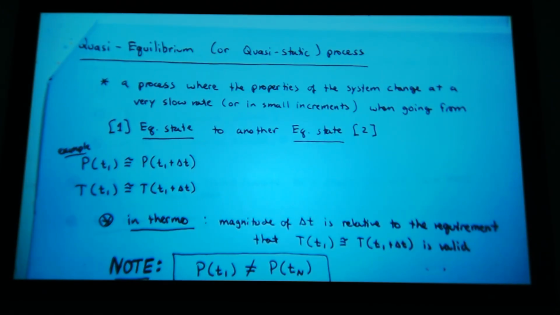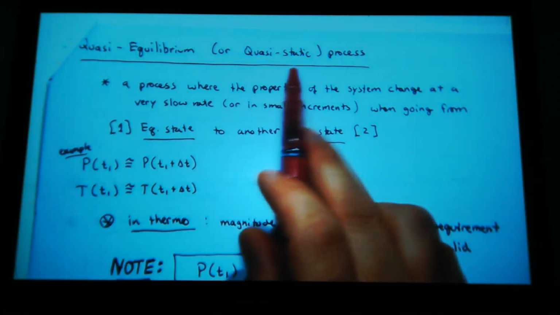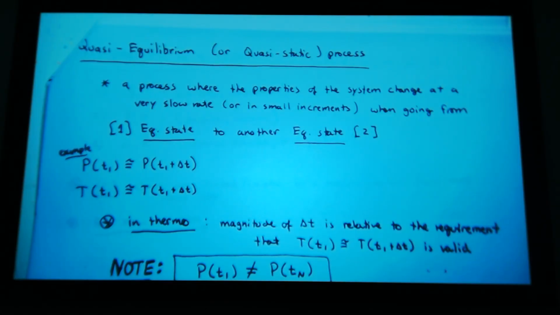They're pretty much constant. But if I look over the course of the whole class, I would see that the room temperature increased, right? So given that, I can say that it goes from one equilibrium state to another equilibrium state to another, I can say that it's a quasi-equilibrium or quasi-static process.